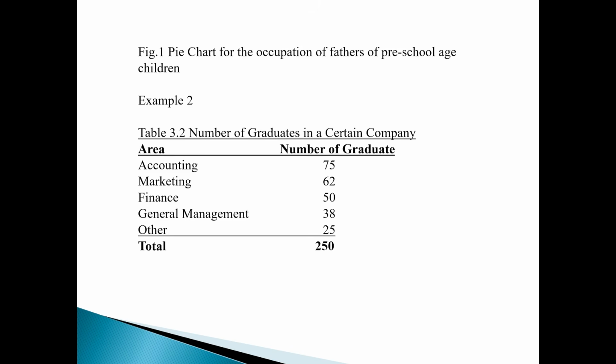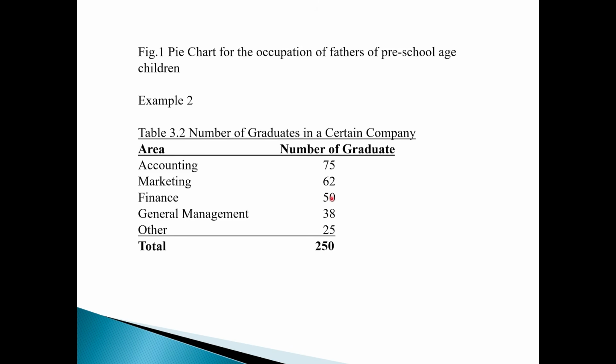Now, this frequency distribution table, how will you convert it into a pie chart? Remember that in a circle, you have 360 degrees. And you have these numbers: 75, 62, 50, 38, and 25.